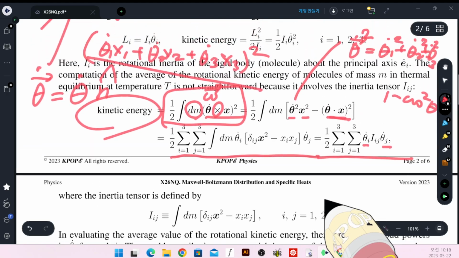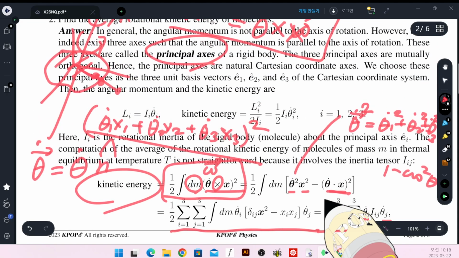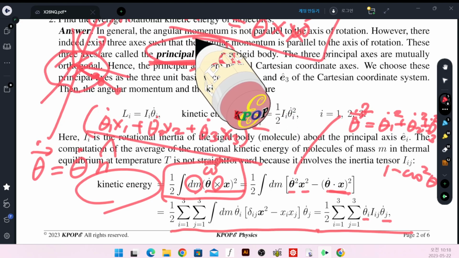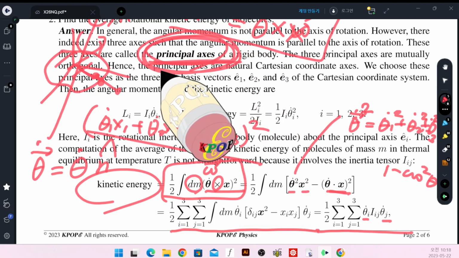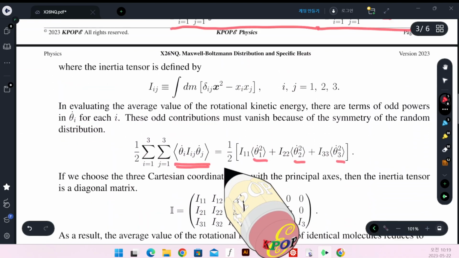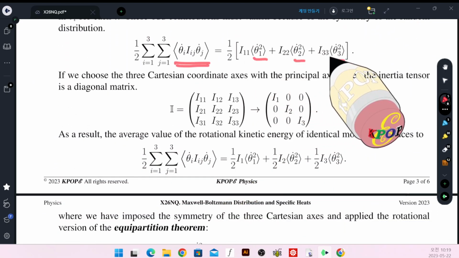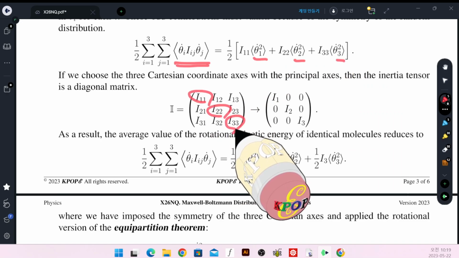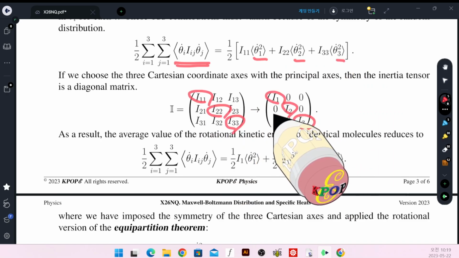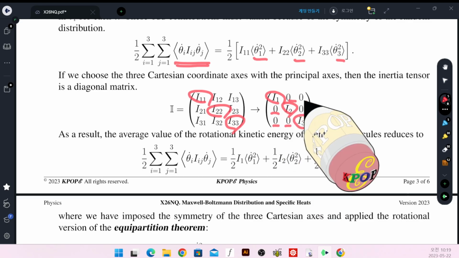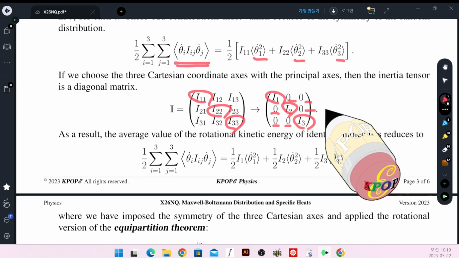If I make use of a very special axis of rotation, choosing the 3 principal axes to be the 3 Cartesian axes, then all of these expressions will shrink into 3 pieces, and the off-diagonal components vanish completely.